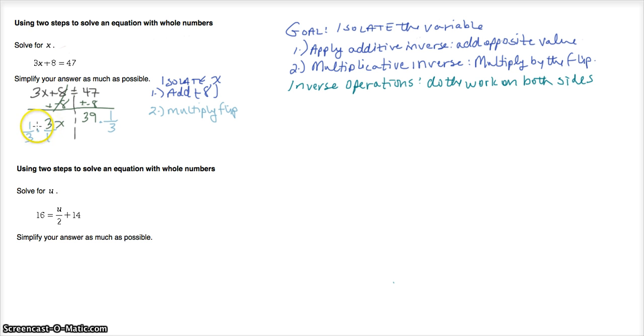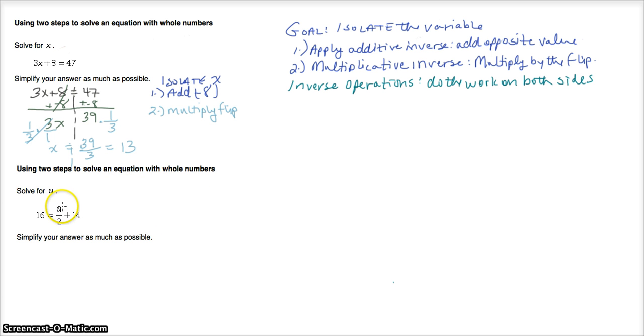Now when I simplify this, the 3 and this are going to cancel out and give me 1, so I'm just going to be left with x equals 39 times 1, which is 39 over 3. And now I can simplify this and say that 39 divided by 3 is 13. And so x equals 13 is my answer.